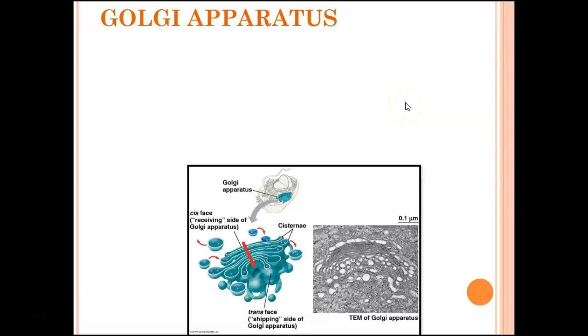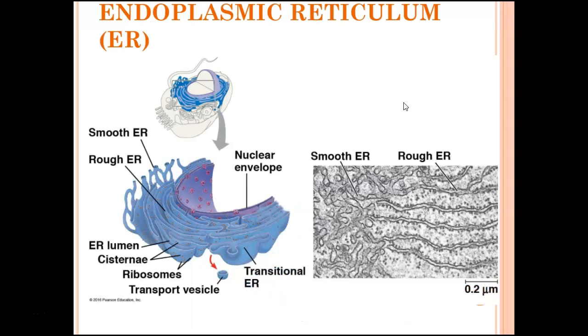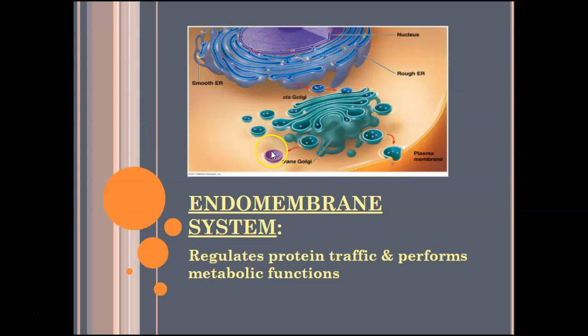Another player in this transport system is called the Golgi apparatus. Let's look at a picture of all of it together real quick. Here we're going to talk about the Golgi. So notice materials leaving the ER and entering into the Golgi apparatus.